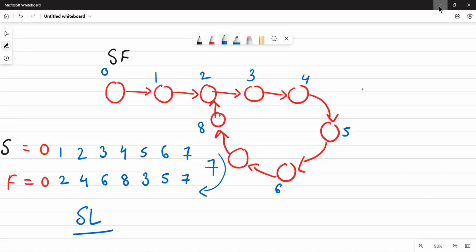Think of some ideas and tell me. Store in a map or set. And then what? See, again, it will become a map or set question. I don't want extra space to be taken.